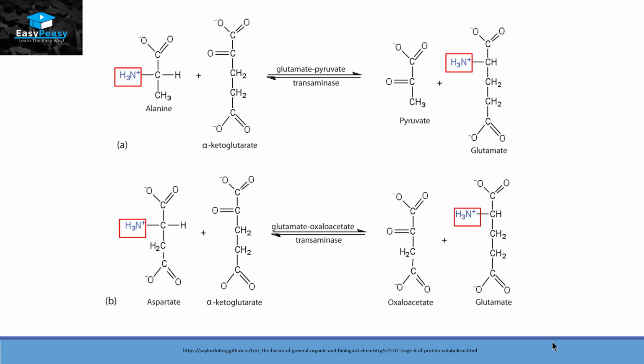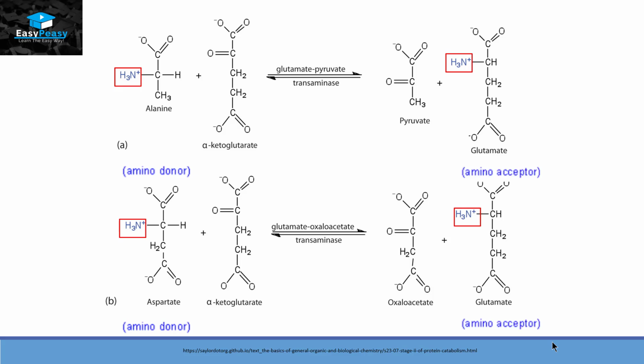In this reaction, alanine and aspartate, as they give away their amino group, are called amino donors. Alpha ketoglutarate accepts that amino group and makes glutamate, so it is called the amino acceptor.